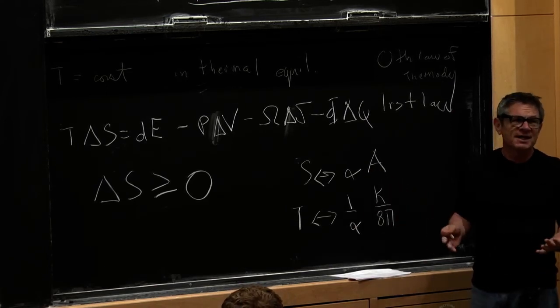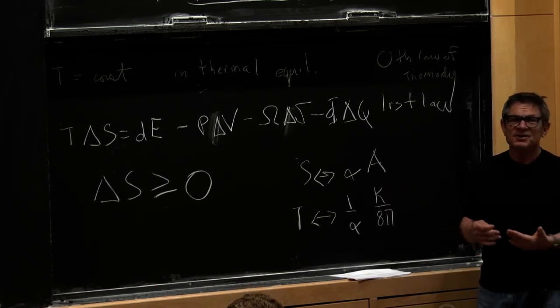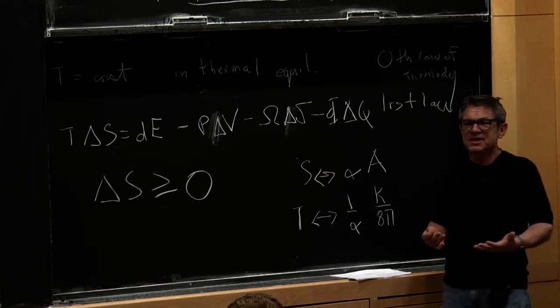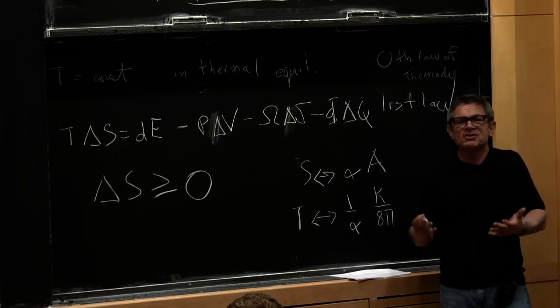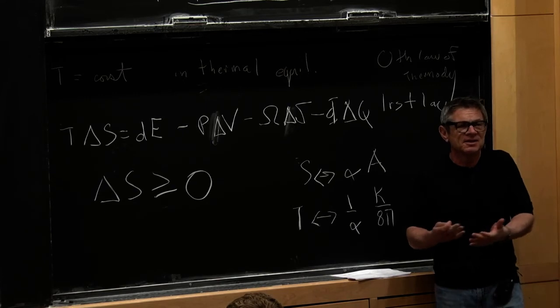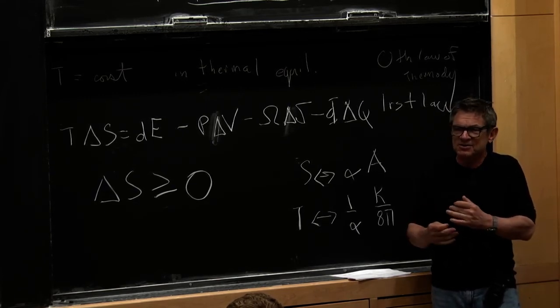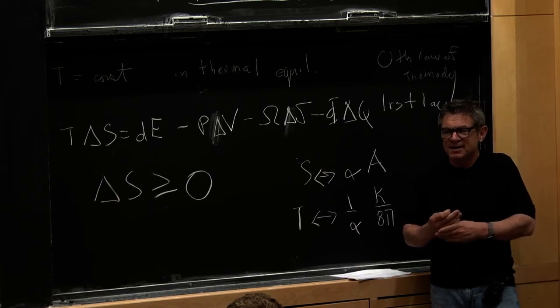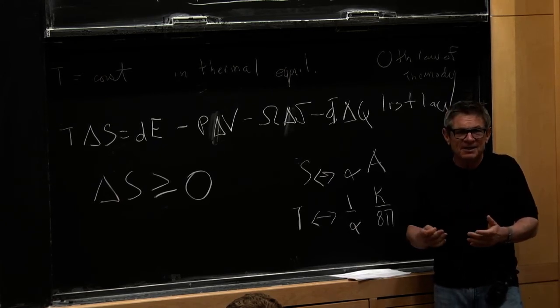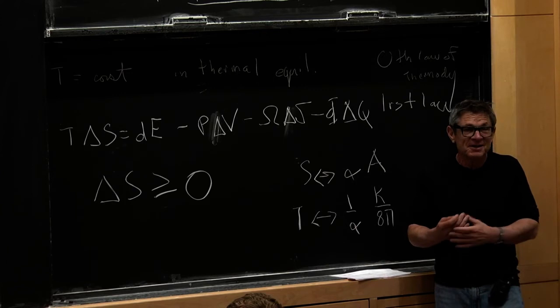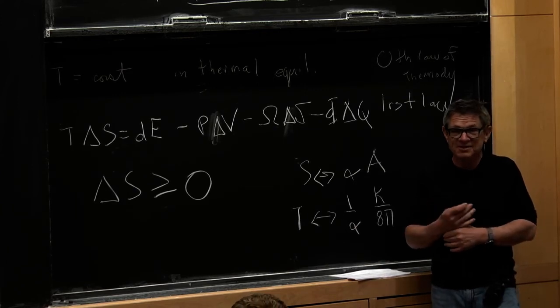And the only way we can get that in gravity, there is nothing in pure Einstein gravity except Newton's constant, which does not have dimensions of length squared. You need to multiply it by h bar to get something dimensionless.